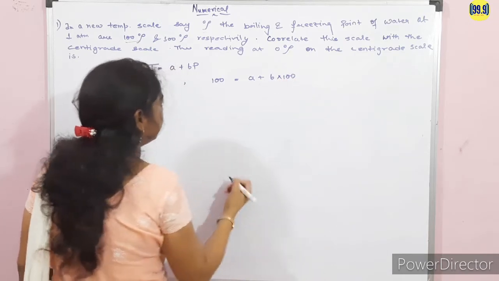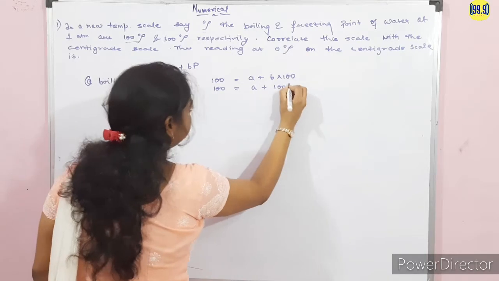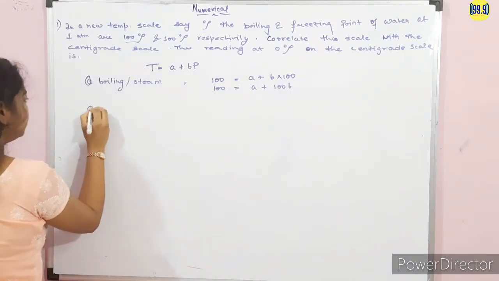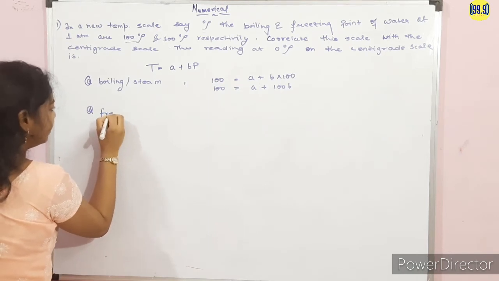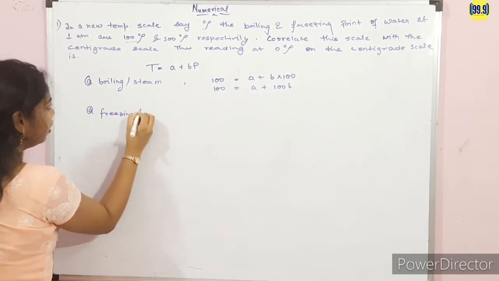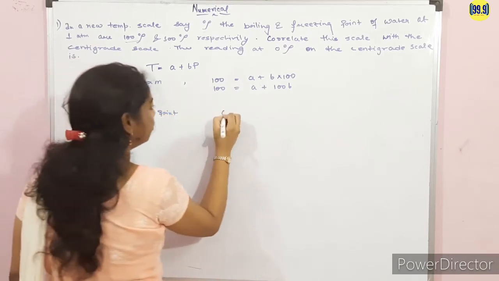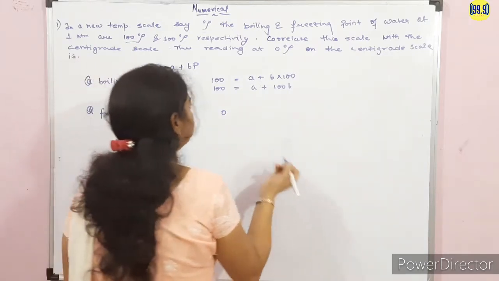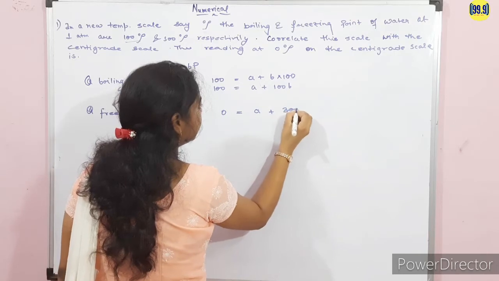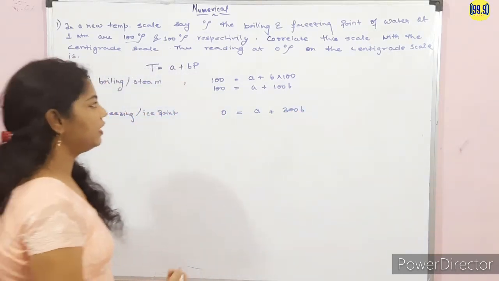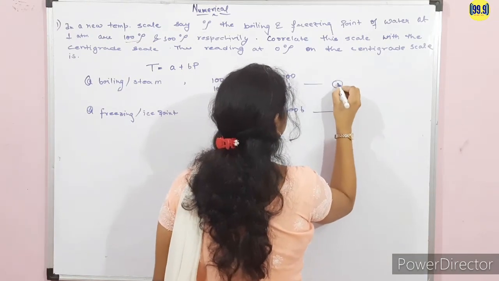So this equation becomes 100 is equal to A plus 100 B. Another equation is at the freezing point, or at ice point, it will become 0 because the ice point of the water is 0 degree centigrade: 0 is equal to A plus 300 B. So we get this as equation number 2 and the previous one as equation number 1.